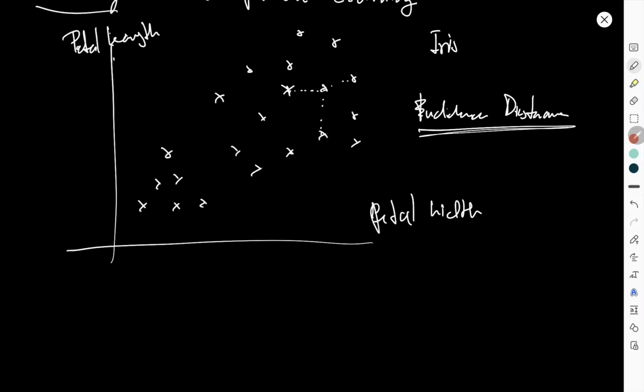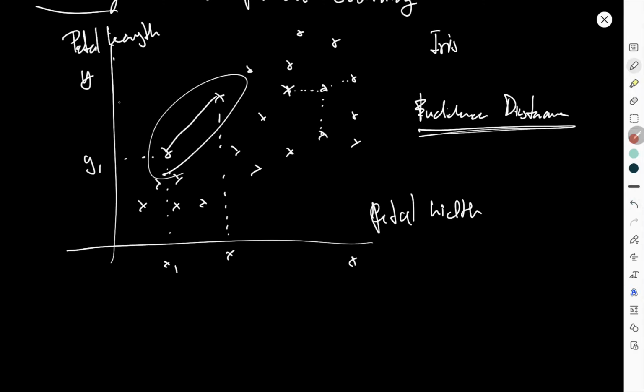If you have just two dimensions, for example, this is x and this is y, and you want to measure the distance between these two examples, of course, you have x1 and x2 here, and y1 and y2 here.